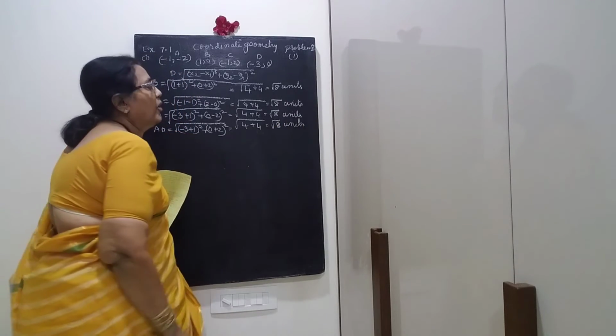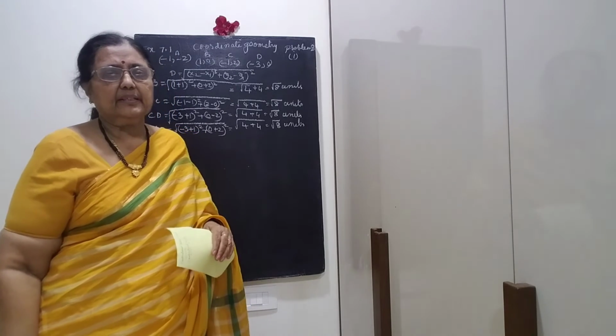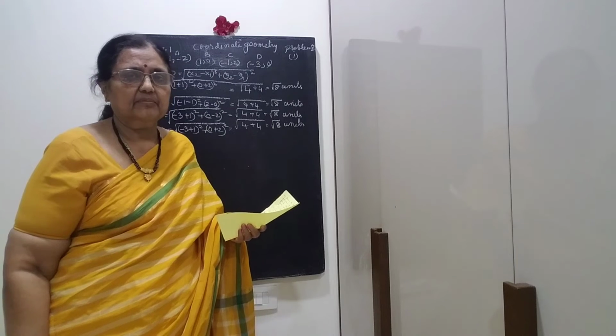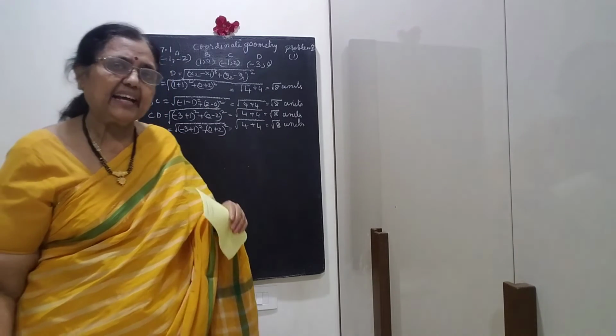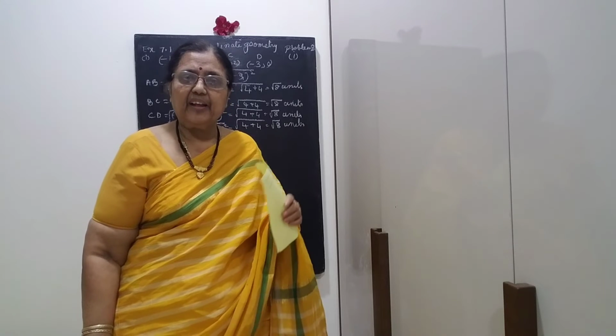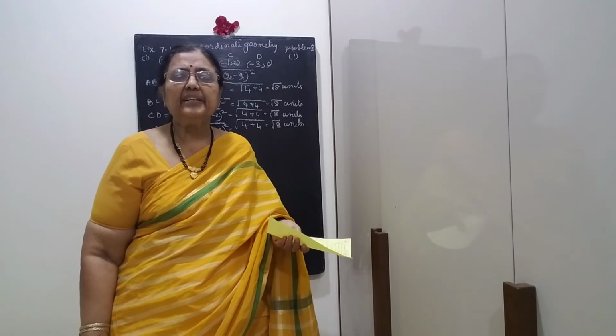See, if all the sides are equal, it can be a rhombus. But if the diagonals are equal, it will be a square. If all the sides are equal and diagonals are not equal, then it will be a rhombus. If diagonals are equal and all the sides are equal, then it will be a square.